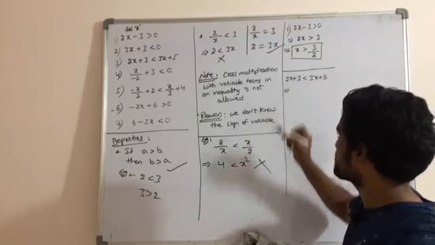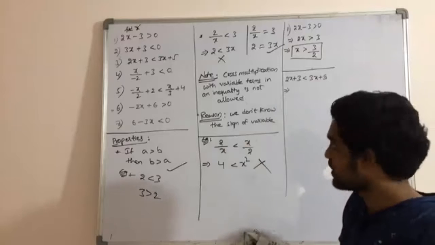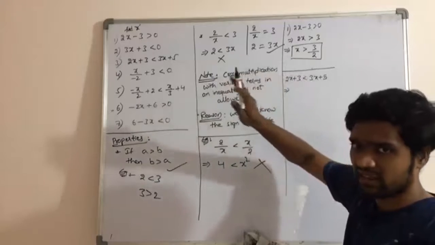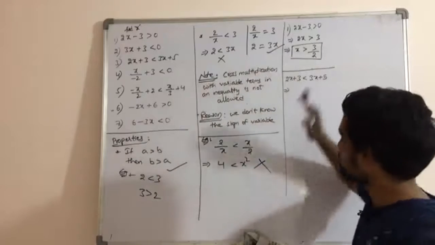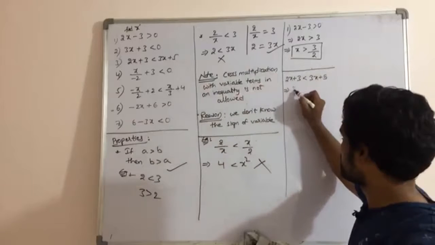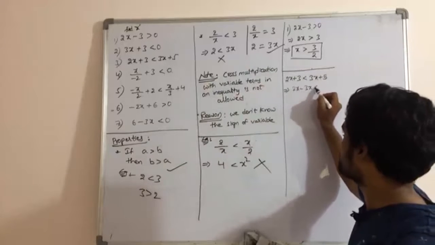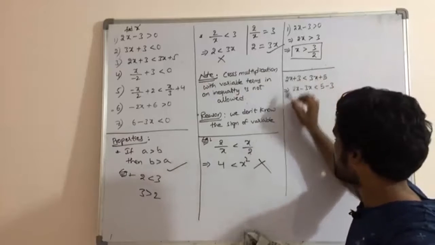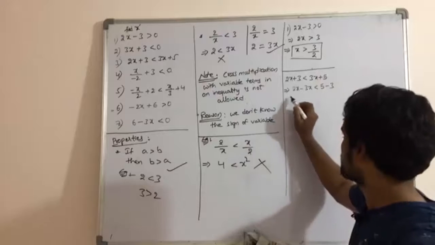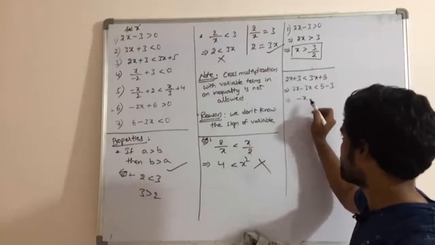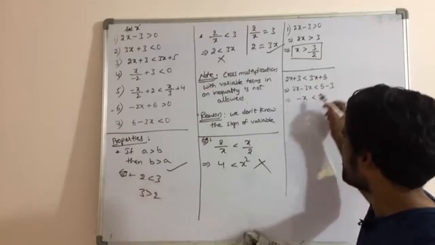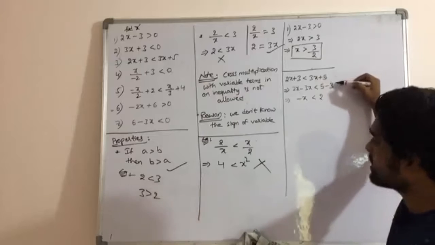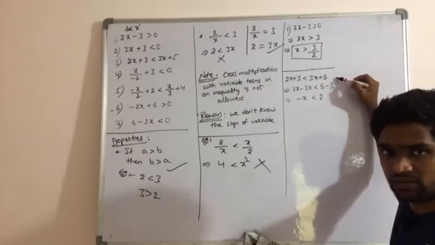Now, A, B both are positive or only one of them is negative, and the change is possible only when A and B both are negative. So when A and B both are negative, then after squaring the inequality changes. When both are positive, after squaring the inequality remains the same.